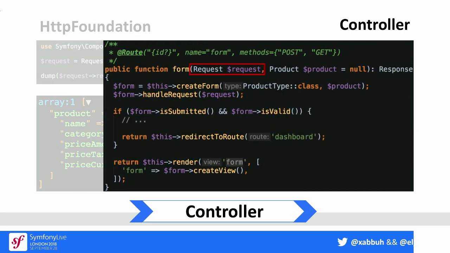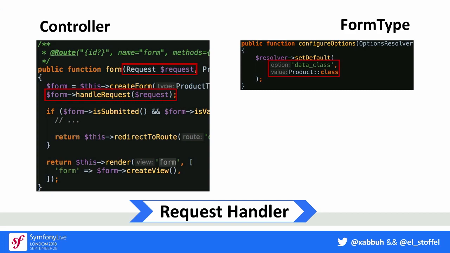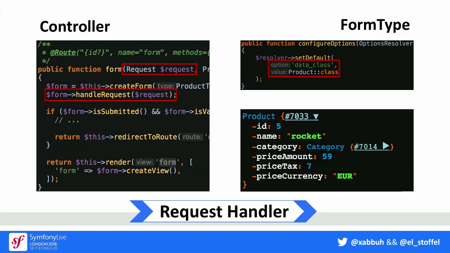And this request is then passed by our controller into the handleRequest method of our form object. And the form is then responsible to map the incoming request to our data model. So here we are making sure that the data is actually a product object.